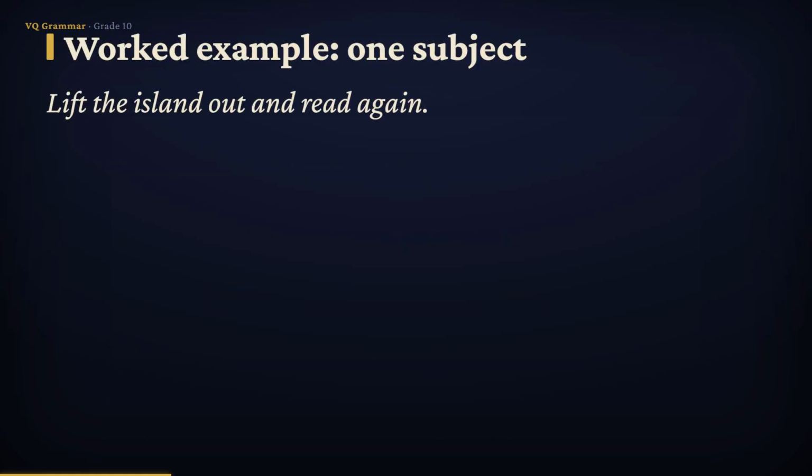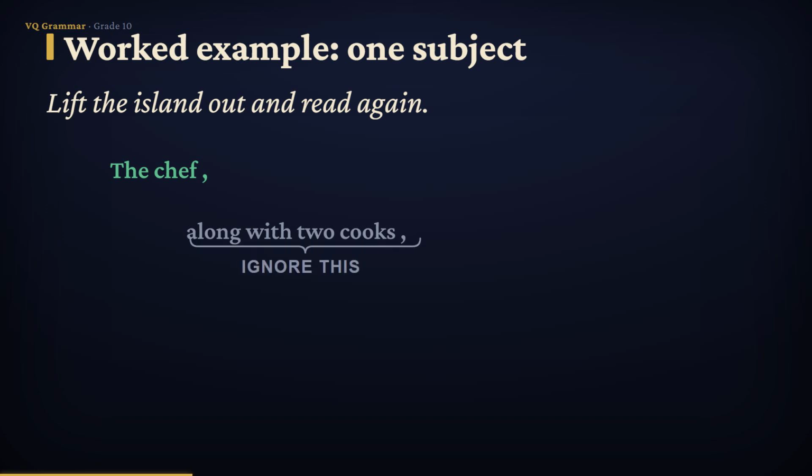Let us build one and watch it work. The chef, comma, along with 2 cooks, comma, prepares dinner. Look at the middle piece, along with 2 cooks. It sits between 2 commas, so it is the interrupter. Ignore this. Now find the subject. Who is the sentence about? The chef, 1 person.